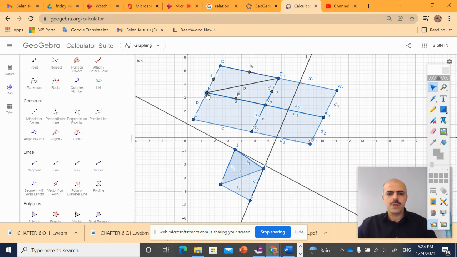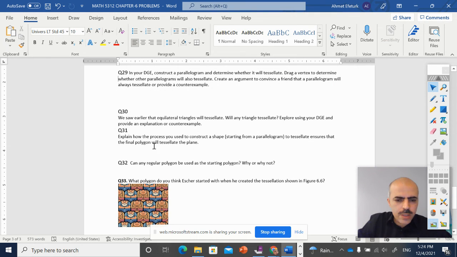So it is a random triangle. It's not a regular triangle, an equilateral triangle. So every parallelogram, as a conclusion, contains inside two different triangles. So if the parallelogram can tessellate, definitely this triangle, we just need to make it double, and after that, two times, we need to follow the same operation. So another question is what?